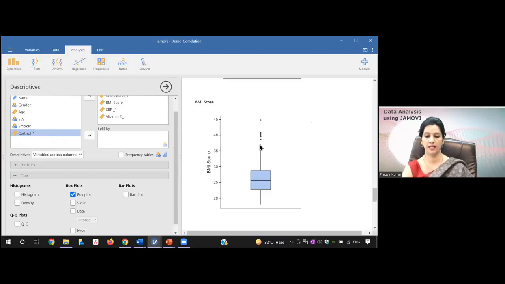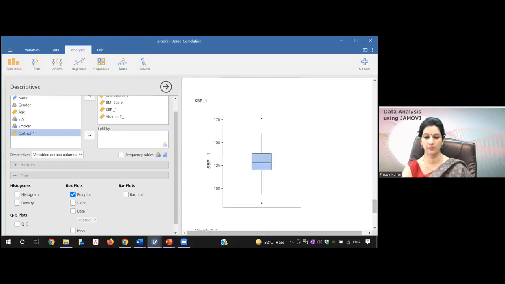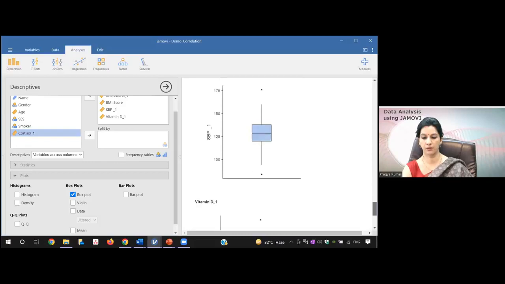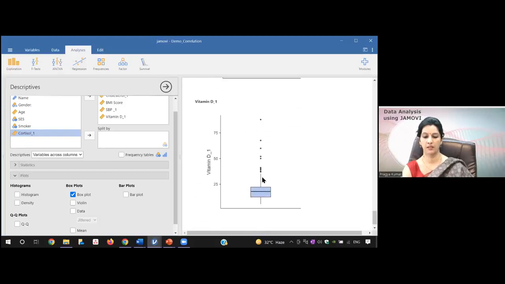So this length gets stopped at 1.5 IQR, and these are the values which are appearing above 1.5 IQR. Because in the down there was no value, that's why none is appearing. Similarly, you can see there is one appearing down and the other appearing up. So that is again showing more than 1.5. And similarly in vitamin D also, you can see there are lower and higher. Higher there are many, but lower there is none.